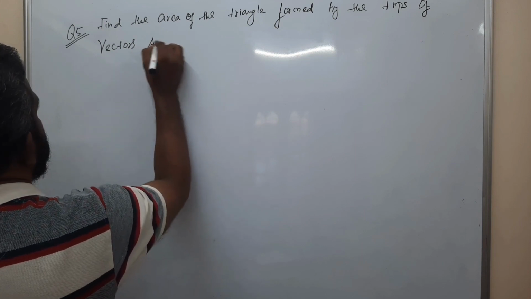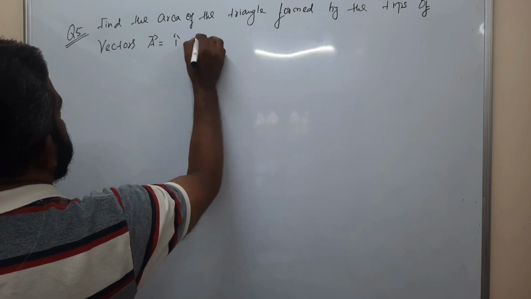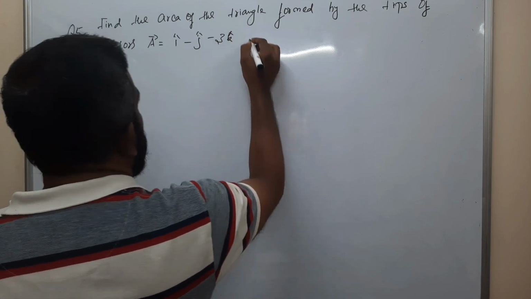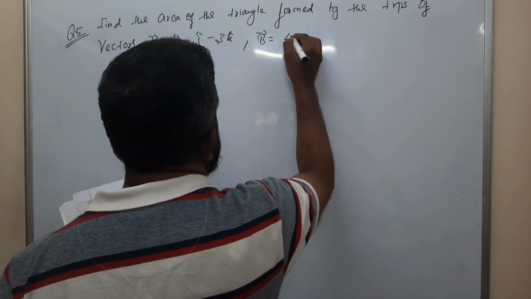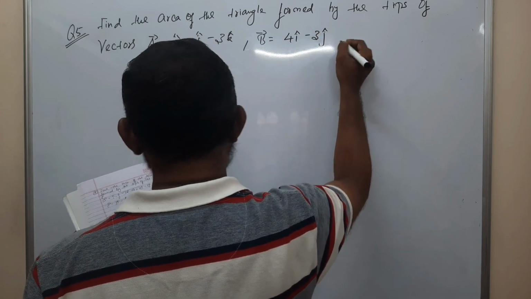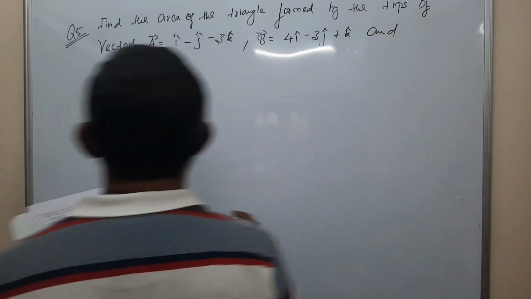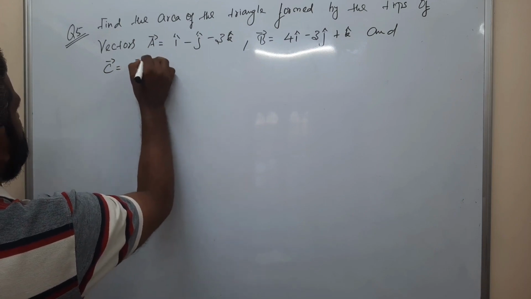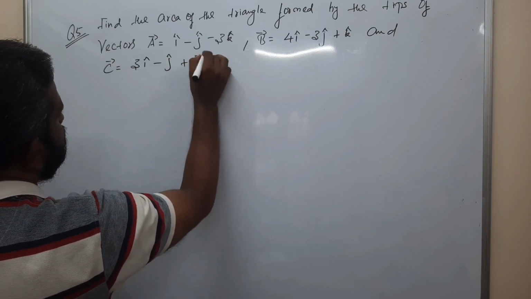A vector is equal to i cap minus j cap minus 3k cap. B vector is equal to 4i cap minus 3j cap plus k cap, and C vector is equal to 3i cap minus j cap plus 2k.